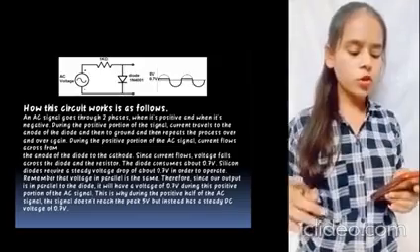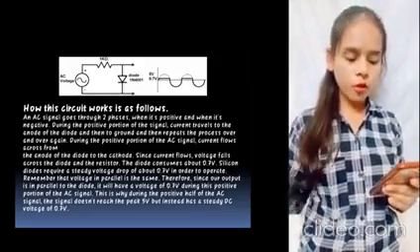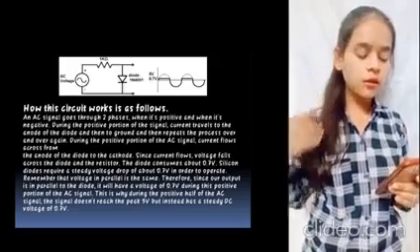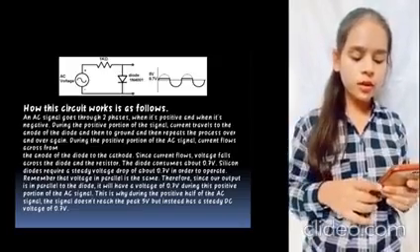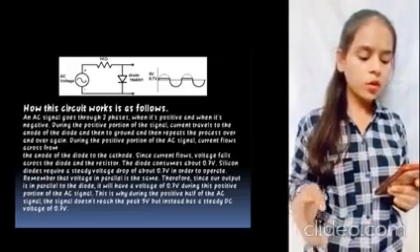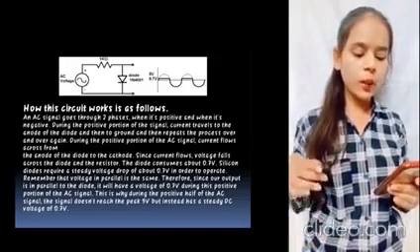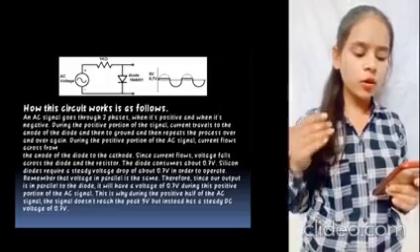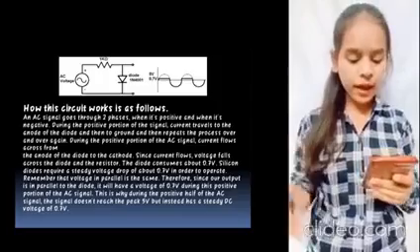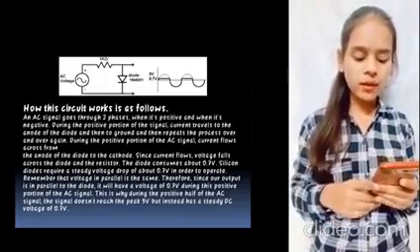During the positive portion of the AC signal, current flows from the anode of the diode to the cathode. Since current flows, voltage falls across the diode and the resistor. The diode consumes about 0.7V. Silicon diodes require a steady voltage drop of about 0.7V in order to operate. Remember that voltage in parallel is the same.